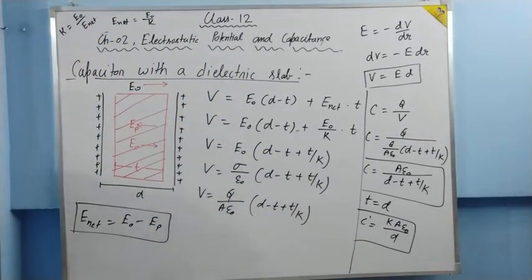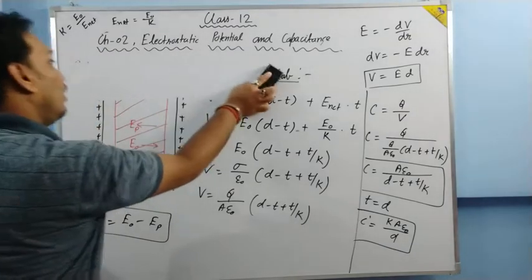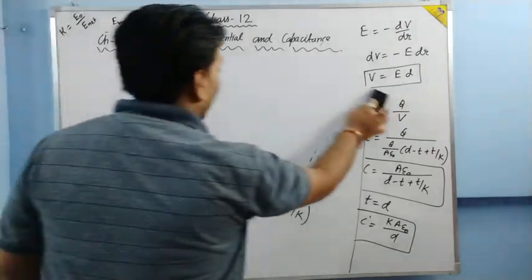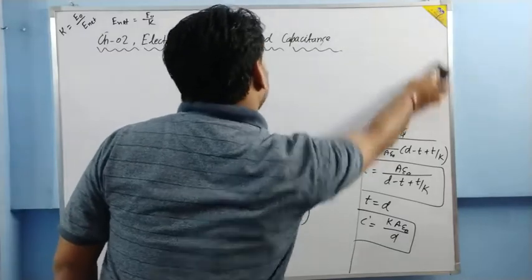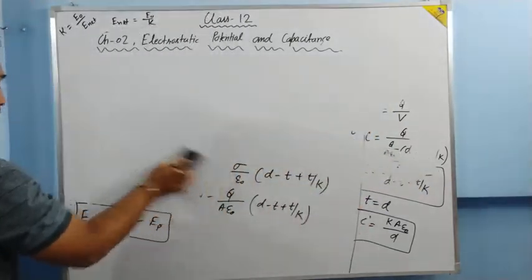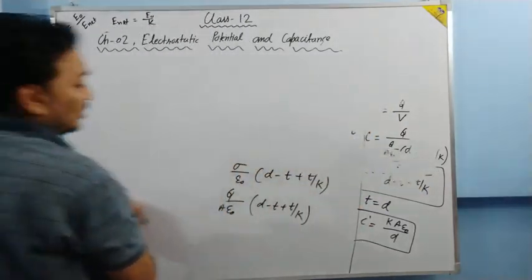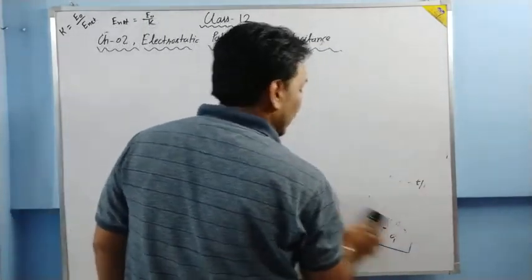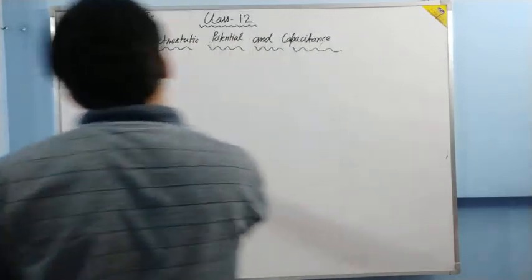So this is how the capacitance with a dielectric slab is calculated. Now, there is a concept of introducing two or more dielectric slabs in a capacitor. So there are two concepts. Let us see them one by one.